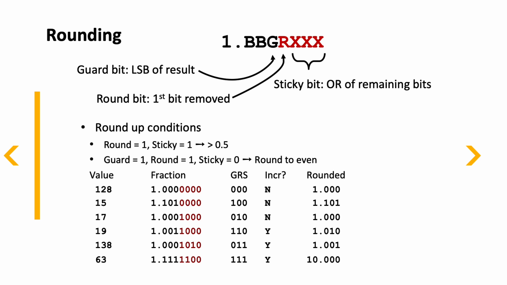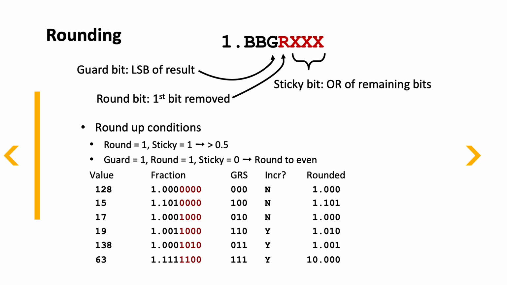So if the round and sticky bits tell us that we need to round to even, we know we have to increment to get ourselves to an even least significant bit. If the round bit is 0, then we know that we're below halfway to the next value and we round down. So we can use these to very easily figure out, based on these conditions, whether we're going to increment our least significant bit or not.